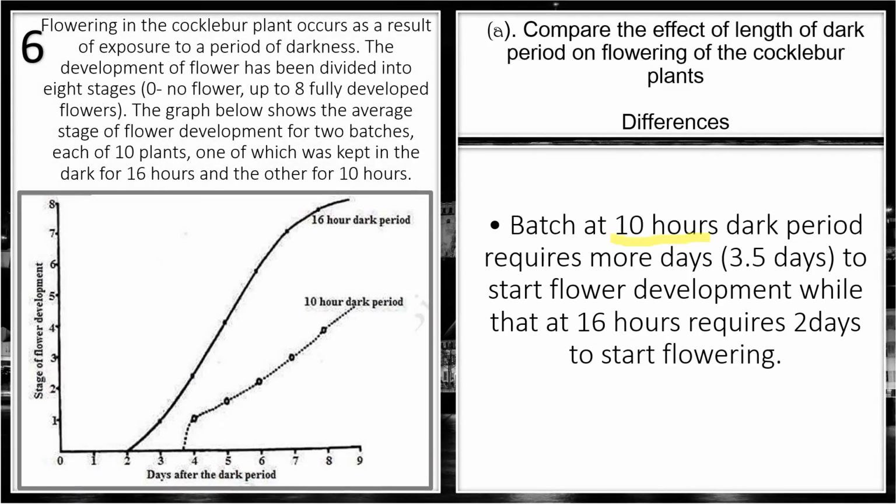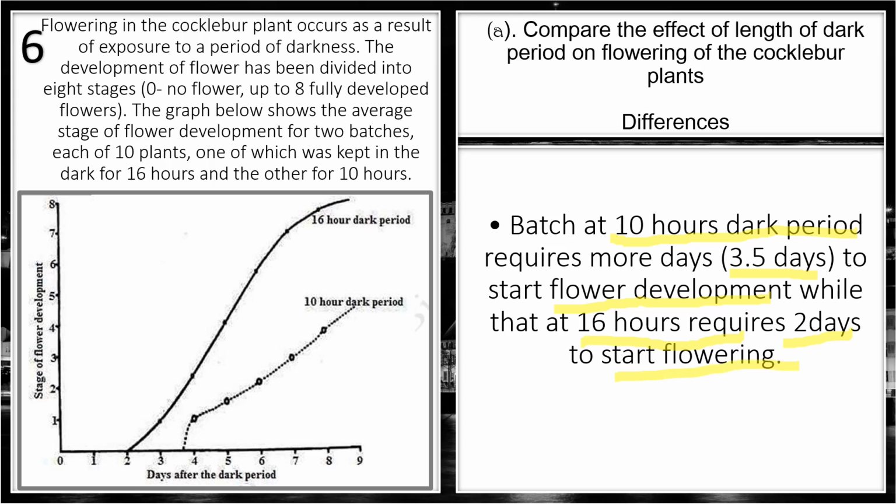The bunch at 10-hour dark period requires more, 3.5 days to start flower development, while the one at 16 hours requires only 2 days to start flowering.